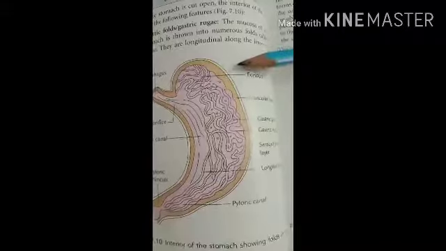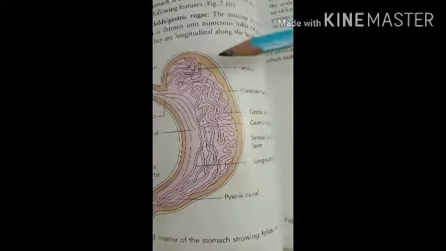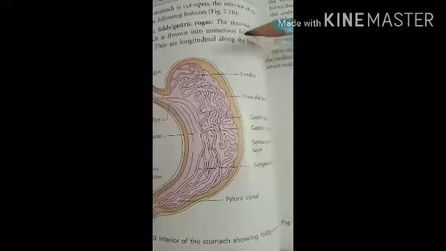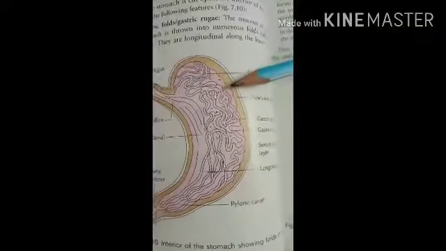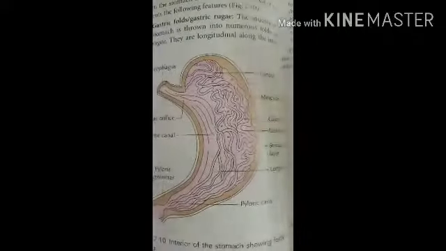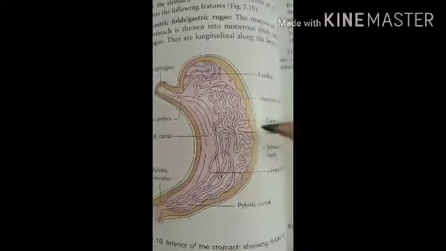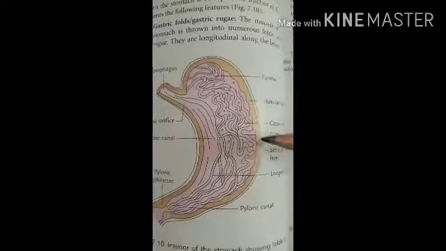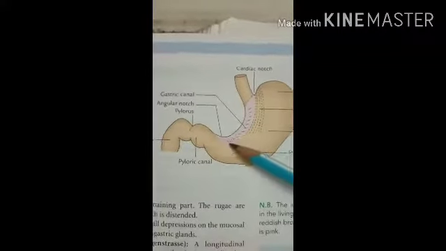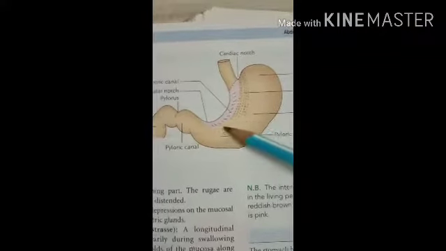On the mucosal surface, the small depressions are called gastric pits, and into these pits the gastric glands open. Then the last one is the gastric canal, or the magenstrasse. Here in this diagram you can see the gastric canal.